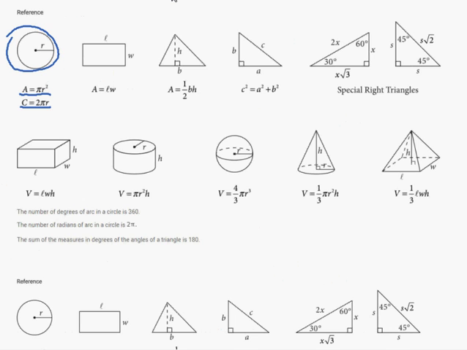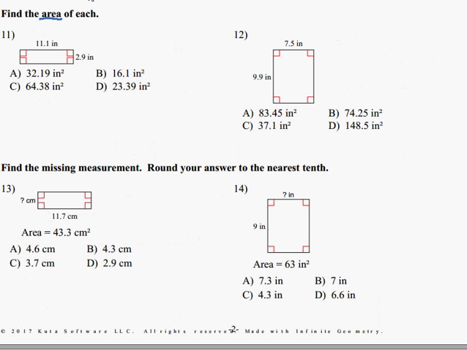If I go to my geometry sheet, here I have my rectangle. It says length times width. Area equals length times width. So I do that. 11.1 is my length. 2.9 is my width.